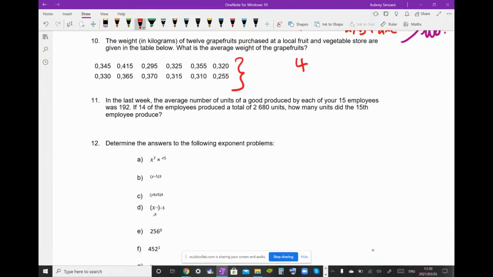So we're going to say the sum of all the values is 4, divided by the total number of values, which is 12. What do we get? 4 divided by 12, somebody tell me, what is the average?